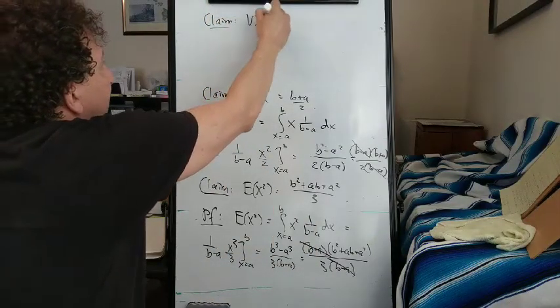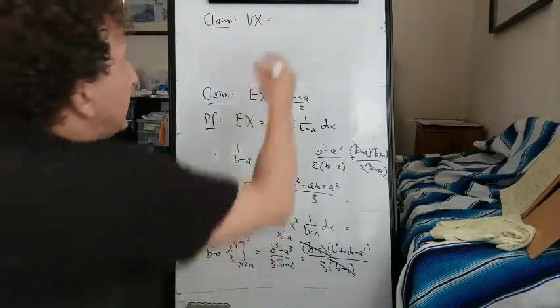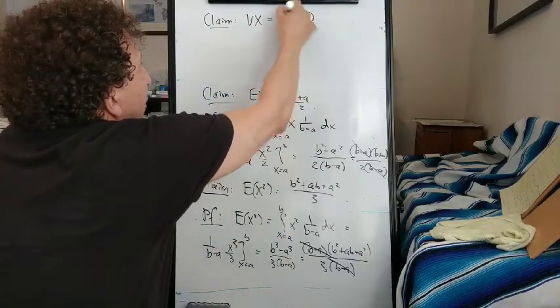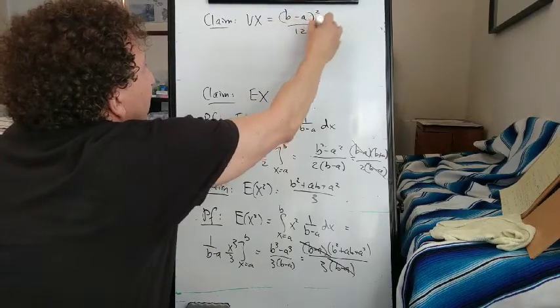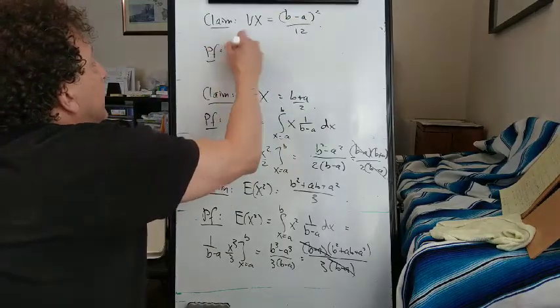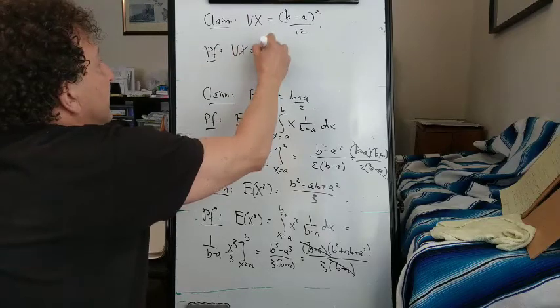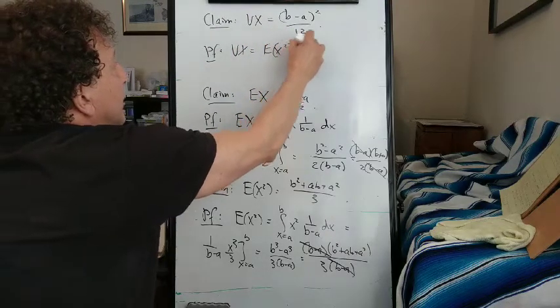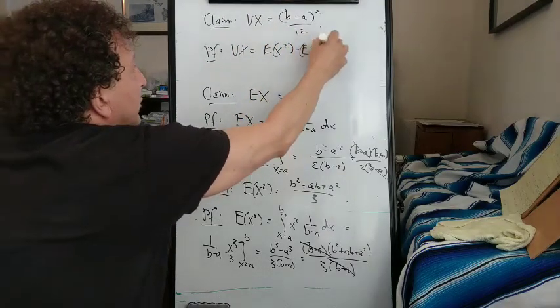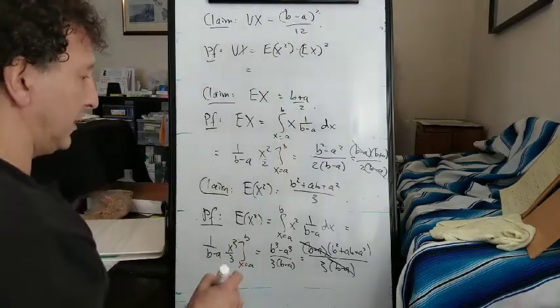I claim that the variance of x is b minus a, the quantity squared, over 12. To see this, well, the variance is expected value of x squared minus expected value of x, the quantity squared. We just computed both of those things.